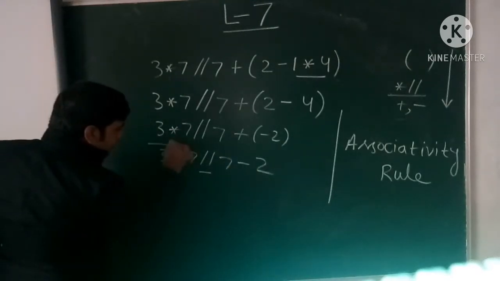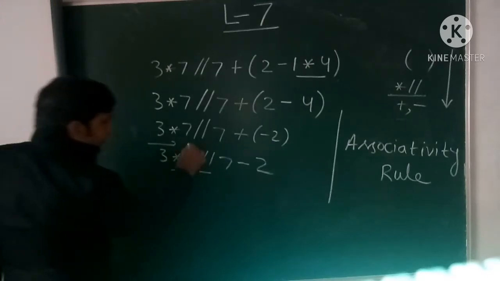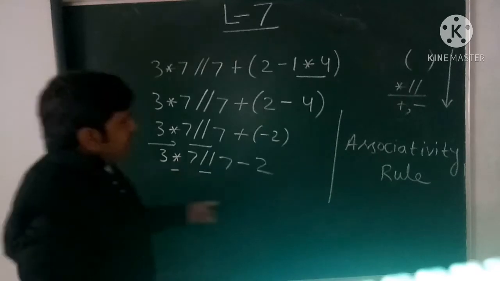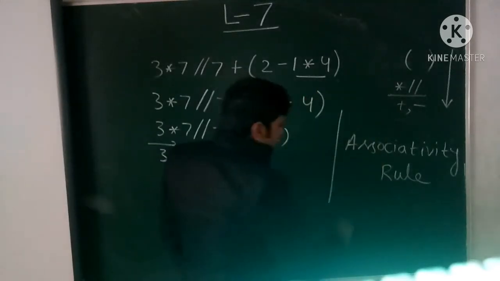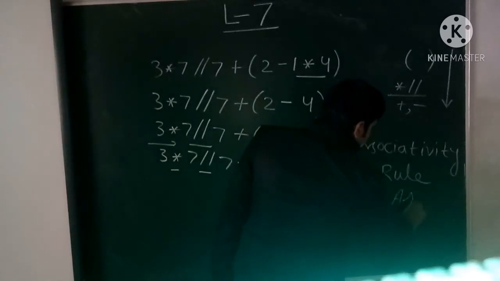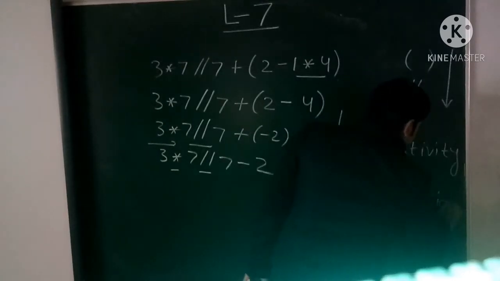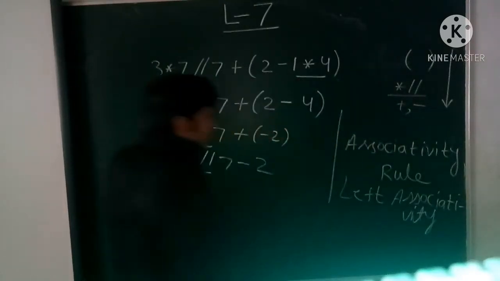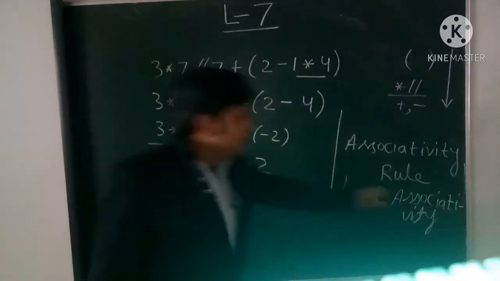We encounter the multiplication first and after that the division. All the arithmetic operators follow the left associativity rule.